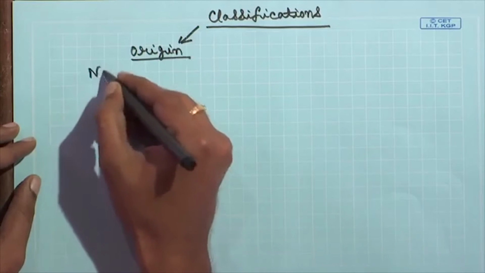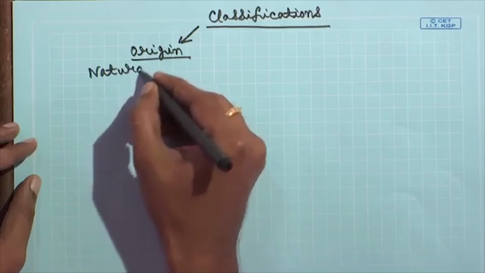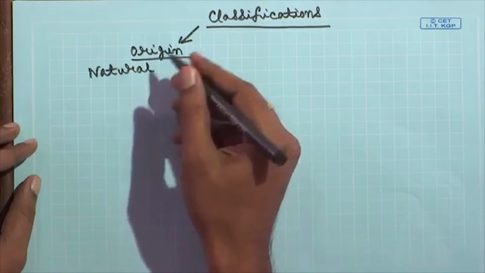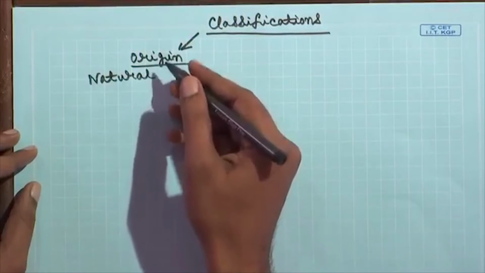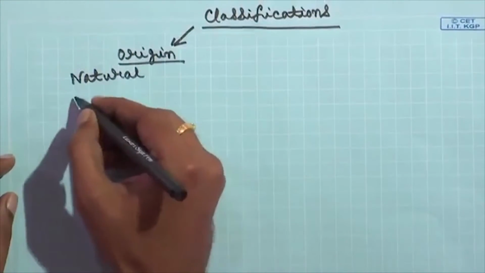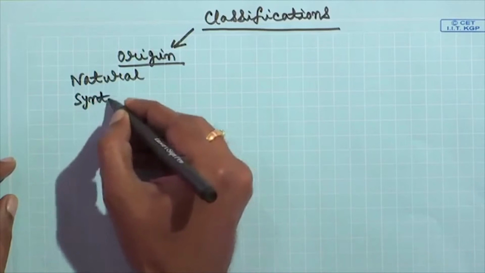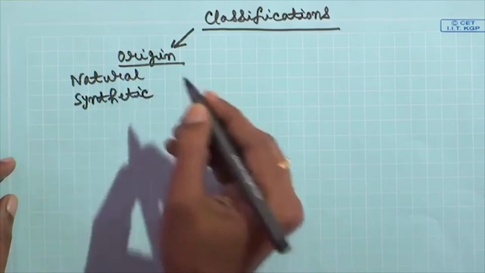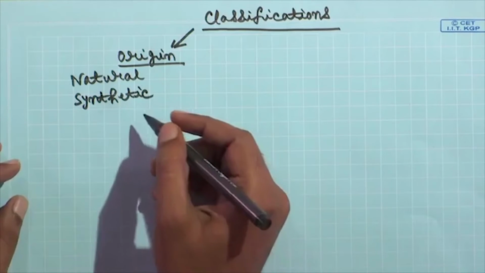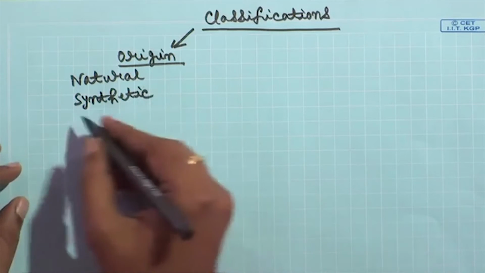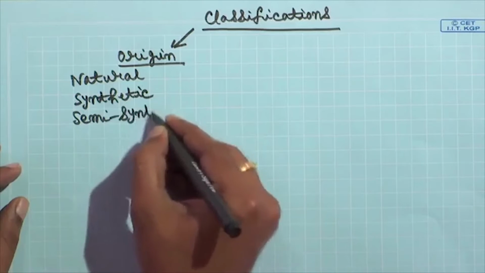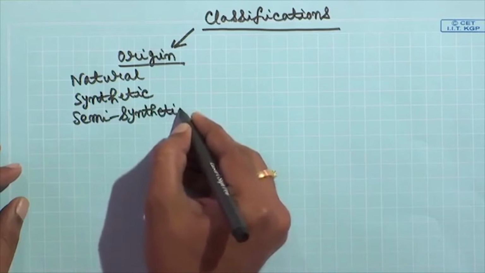So, we can have natural polymers, say for example, polysaccharides. An example could be starch, could be cellulose. We could have natural rubbers, or completely synthetic polymers, say for example, bakelite, a condensation product of phenol and formaldehyde, or we can have semi synthetic polymers.